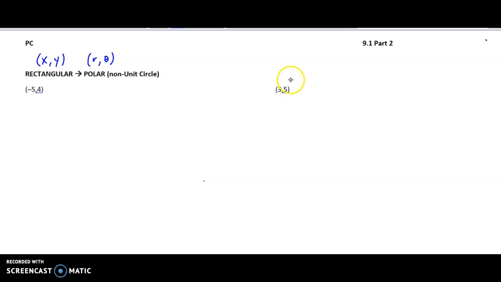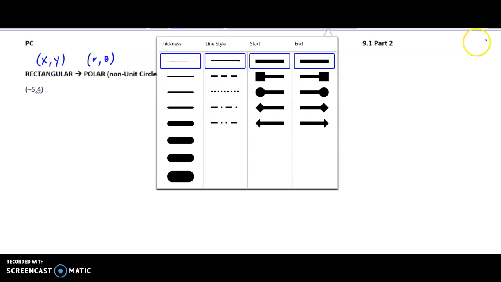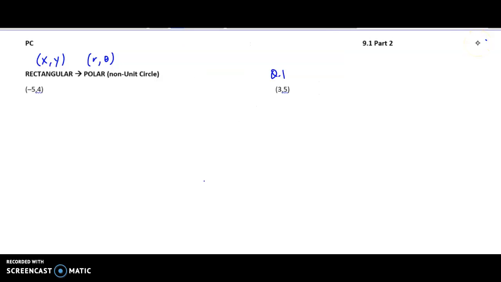I'm going to go out of order, and I'm actually going to do this example of 3 comma 5 here. This is in quadrant 1, so I'm going to draw this point in quadrant 1, like this. We know this point is 3 comma 5.